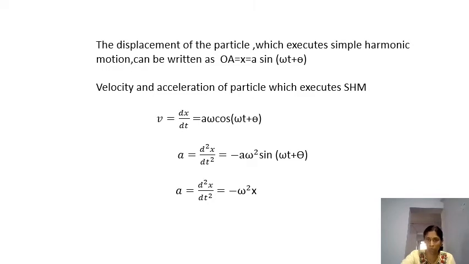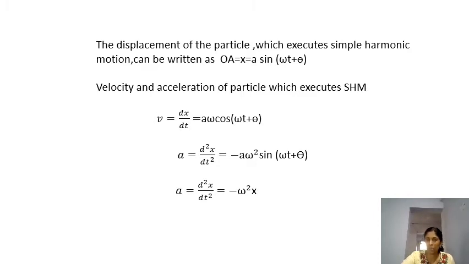Now we are going to see the velocity and acceleration of the particle which executes simple harmonic motion. We can write the terms in terms of sine or cosine. For simplification, we take the equation F equal to ma. Acceleration and velocity are taken with respect to x. For simplification, I am taking x equal to a sine of omega t plus theta.